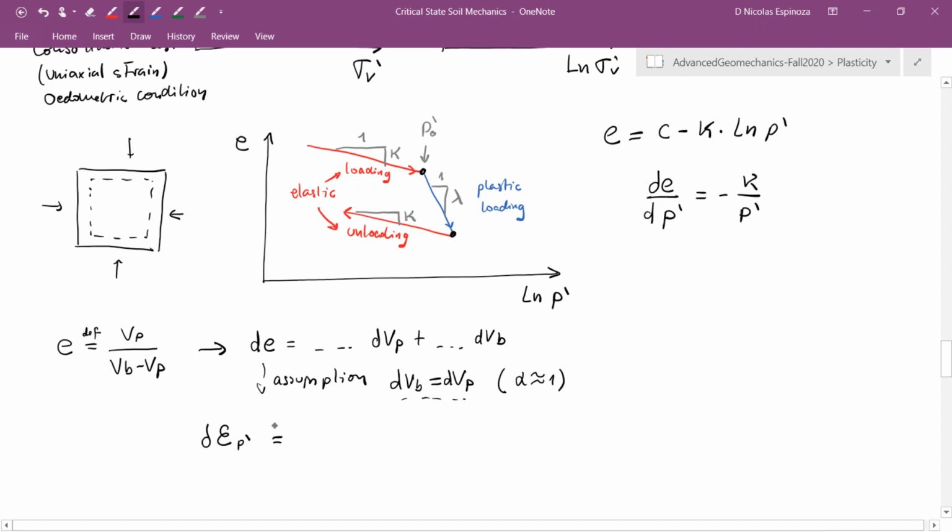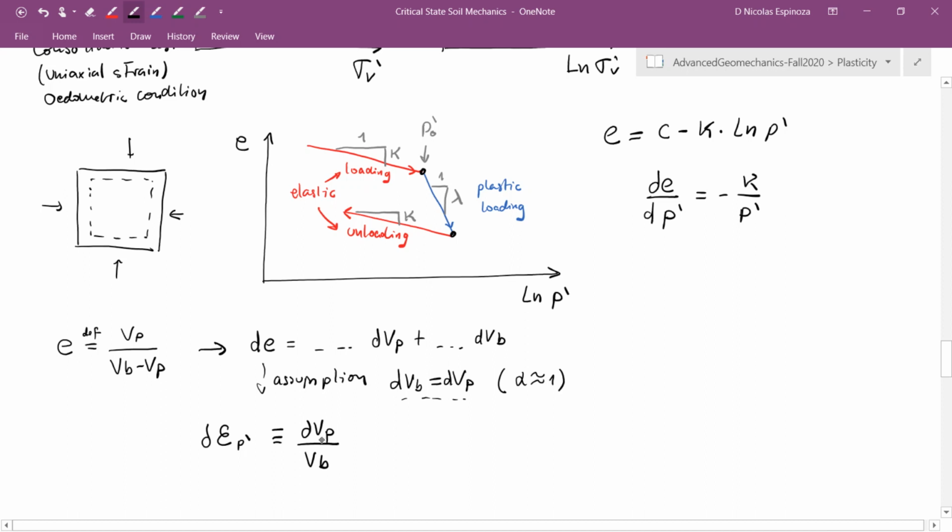So by definition, this is actually the same thing, this equation is equal to the change in pore volume divided by the change in the bulk volume. Actually here I should use the change in the bulk volume, right? But with this assumption now I can write the change in the pore volume.